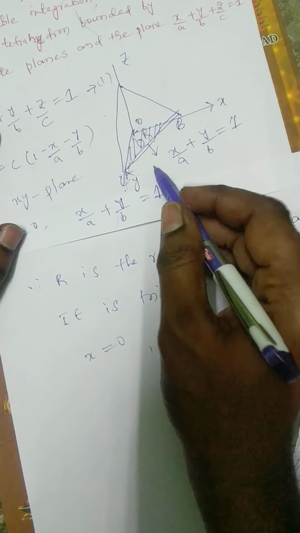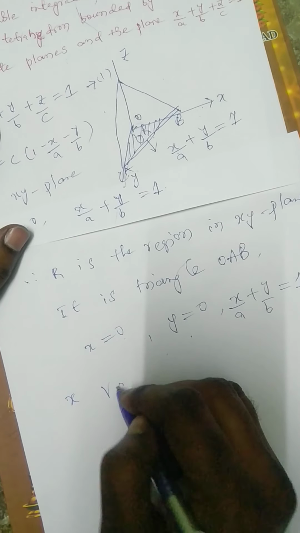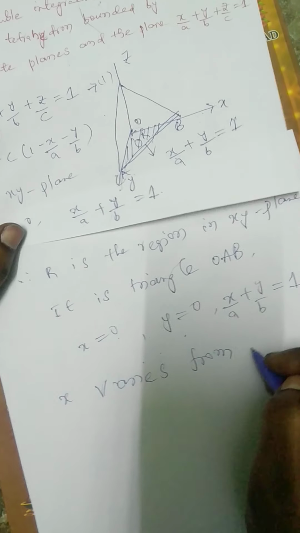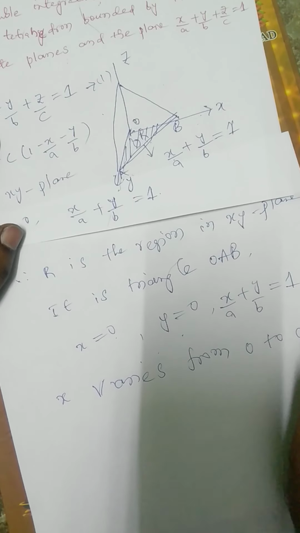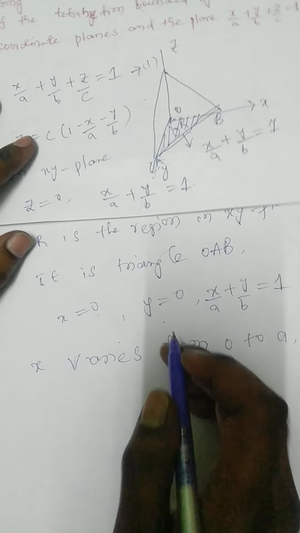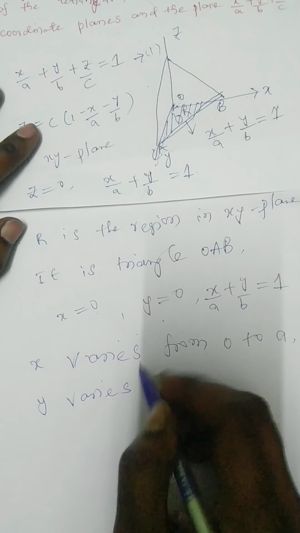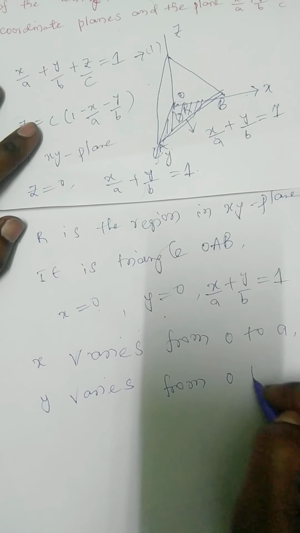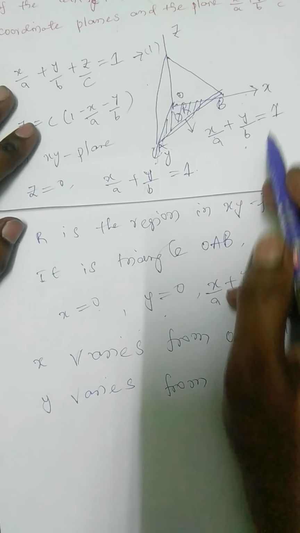Now here in this region R, x varies from 0 to a, and y varies from 0 to, in this plane equation make y the subject, y equals b into 1 minus x by a.